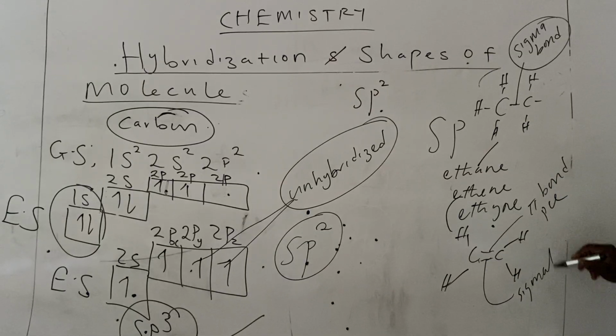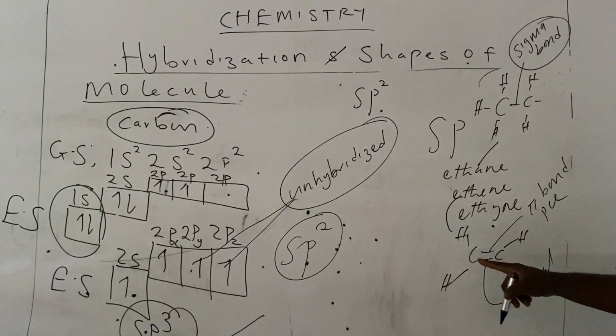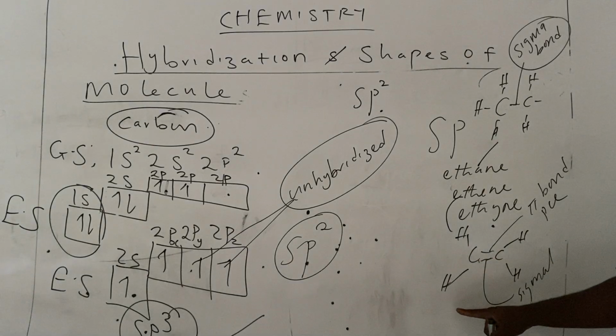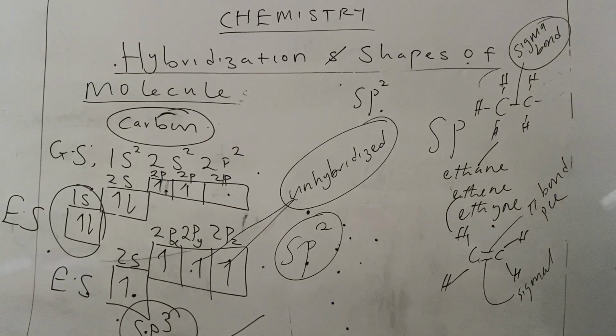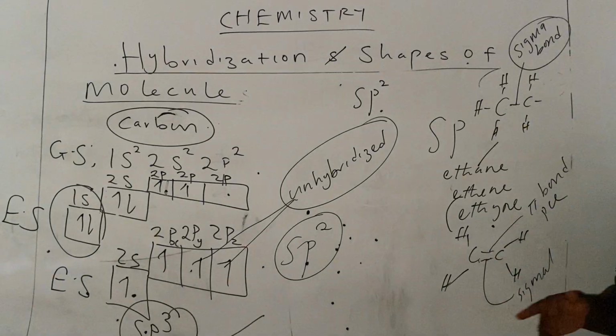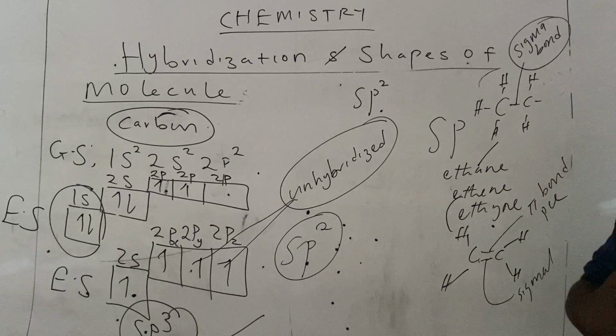So it means that in ethene, there's pi and sigma. Are you following, please? Okay. Now, this pi bond, listen. This pi bond is the one they call a weak covalent bond. And it is this pi bond that gives the reactivity to this ethene.